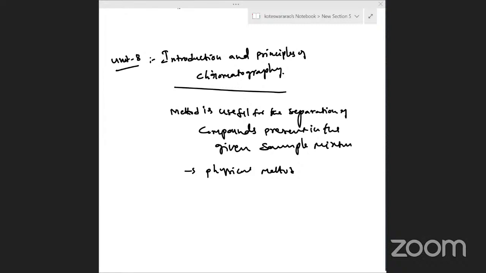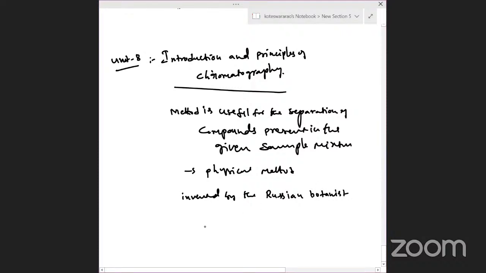This was invented by a Russian botanist. His name is Michael Tswett.